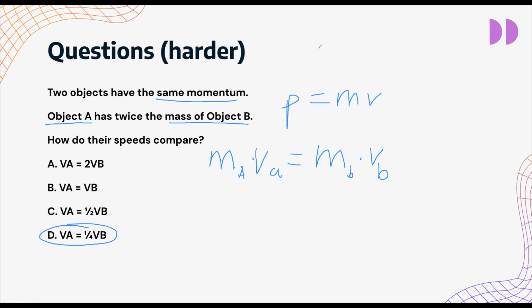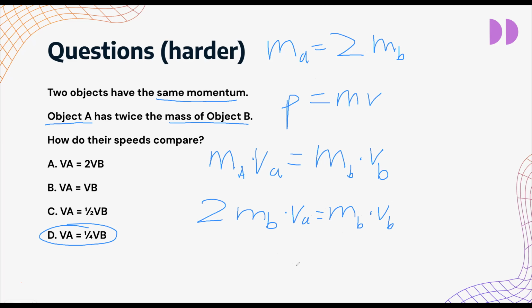Okay, and we also know that object A has twice the mass of object B, and all that means is that mass A is equal to double mass B. So if we plug this in, we get 2 m_B times velocity of A is equal to m_B times velocity of B. And we can see that the masses of B cancel out.